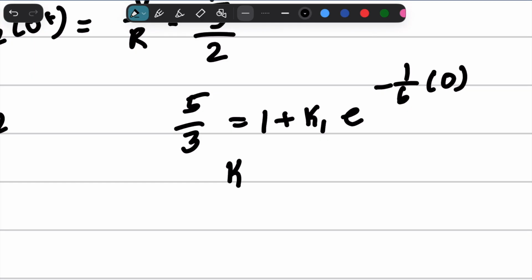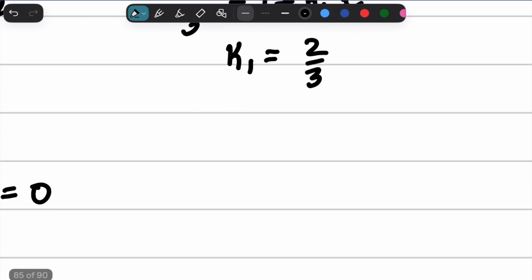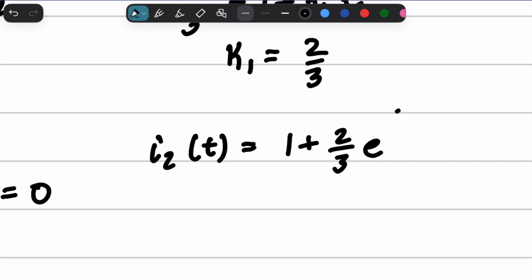And we're going to get k1 is equal to 2/3. And then we've got I2 of t equals 1 plus 2/3 e to the negative 1/6 t. But it's not celebration time yet. Like I said before, this is I2 of t.